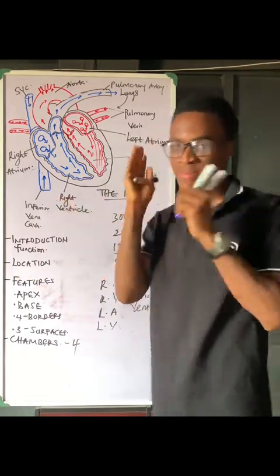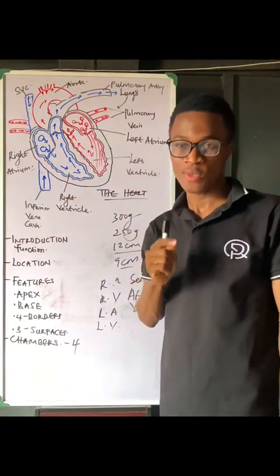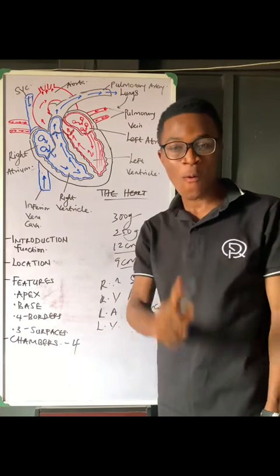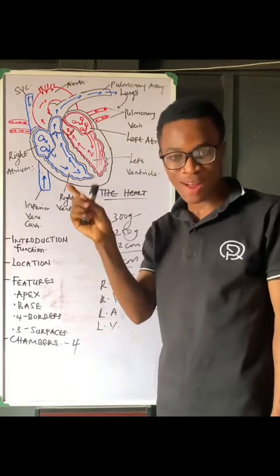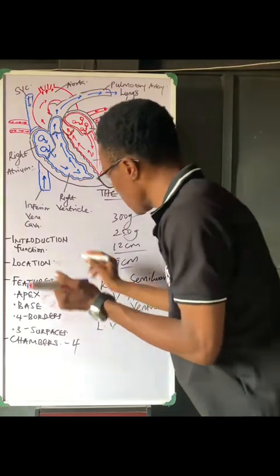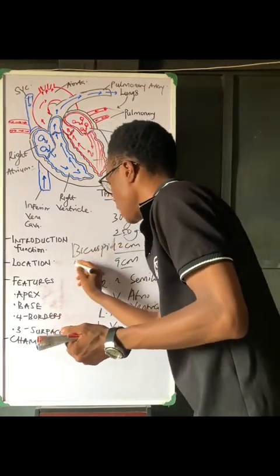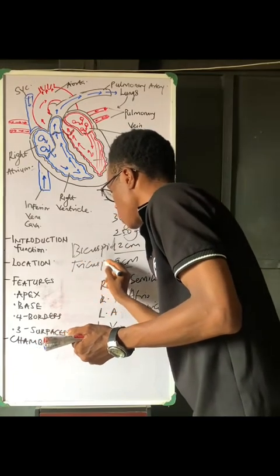Tricuspid valve. The one at the left side, the left atrioventricular valve, is the one that we refer to as what? Mitral valve or bicuspid valve. It is bicuspid, and the other is tricuspid.